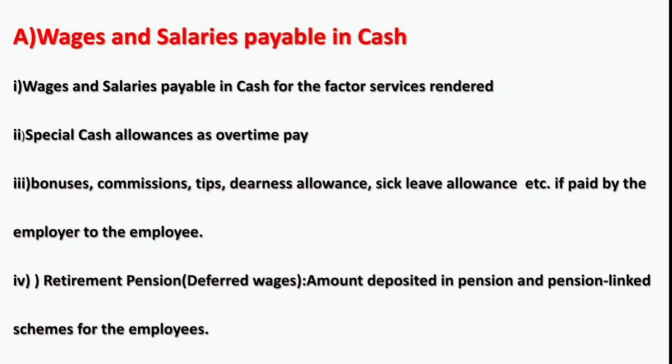Then special cash allowances, overtime pay, bonus, commission, DA, that is dearness allowance, sick leave allowance, etc., if paid by the employer to the employee. Then retirement pension, that is deferred wages, amount deposited in pension and pension linked schemes for the employees by the employer. All these are included.